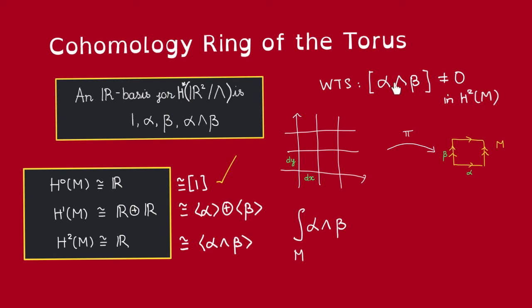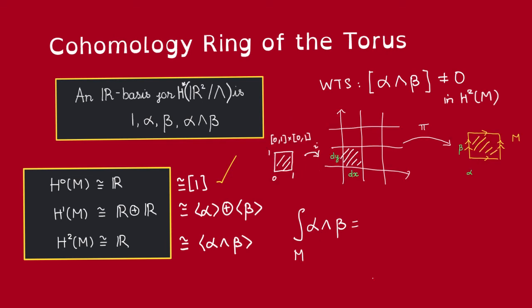Well, to show that the class of alpha wedge beta is not zero, it suffices to show that the integral of alpha wedge beta over M is non-zero. But we can view M as being parametrized by the unit square, the product of the interval 0, 1 times 0, 1.